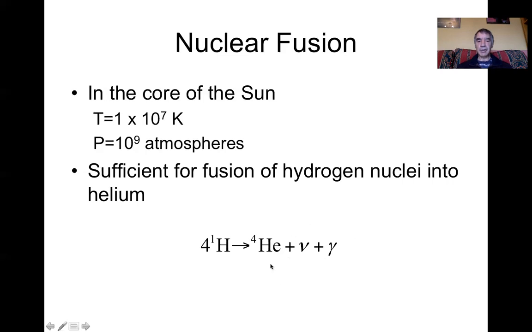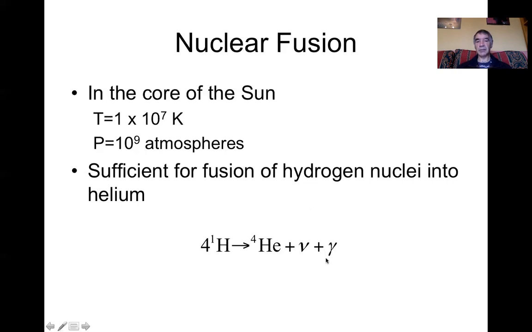Now, you see a couple of other symbols on the right-hand side here. This symbol gamma stands for gamma rays, basically photons, basically energy. The whole point of this reaction is that it produces energy. And it's that energy which comes out in the form of high energy gamma rays, which then basically go into heating the gas.